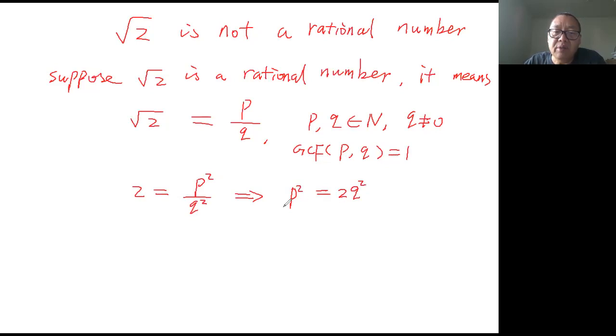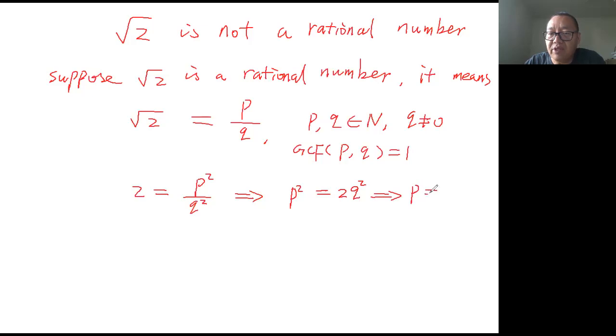Then you consider P squared as a number, and Q squared as another number. This tells us P squared is an even number, right? Then from this we can get that P should be an even number too.